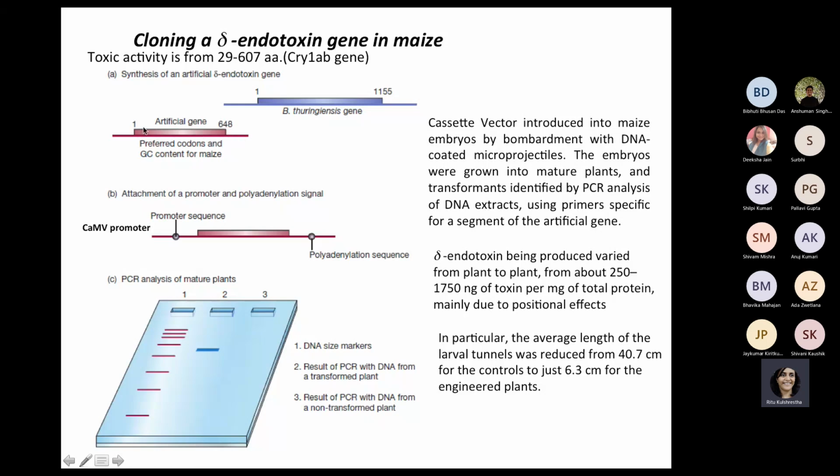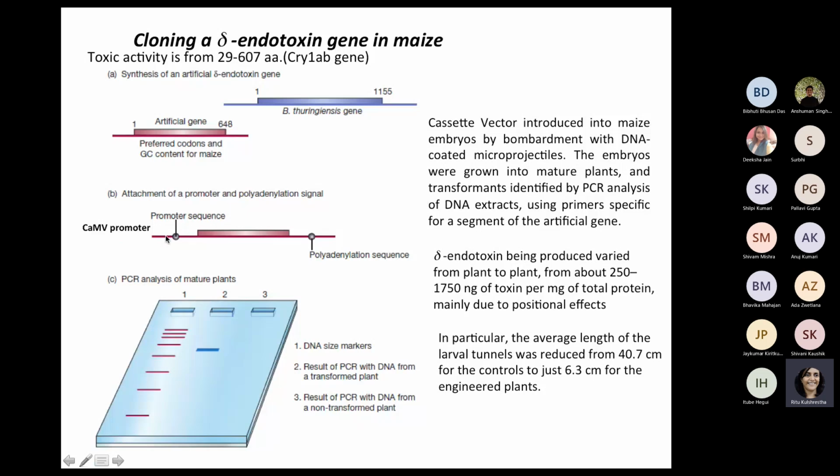Then it was realized that obviously we cannot have the promoter which is endogenous to this gene in the bacteria, because the bacterial promoter will not be recognized by the RNA polymerase machinery within the plants. So this gene was cloned downstream of a promoter which is active in plants.